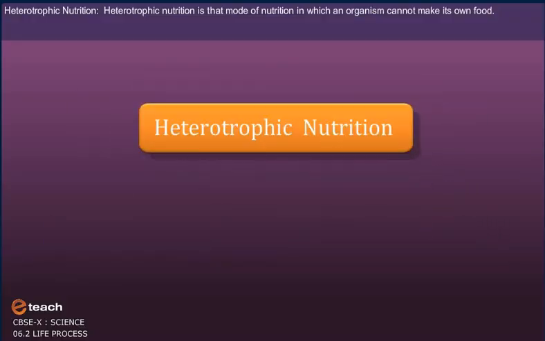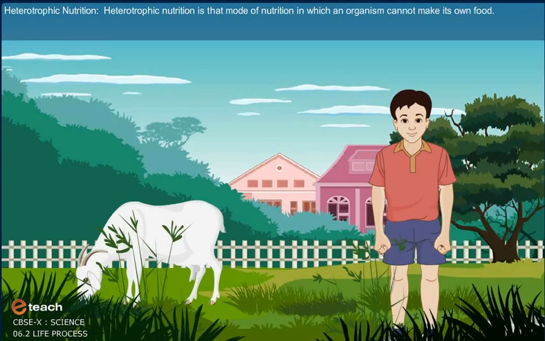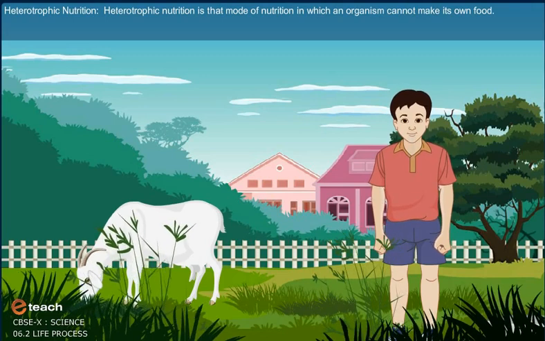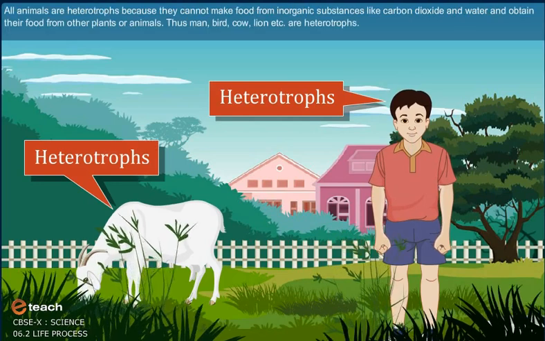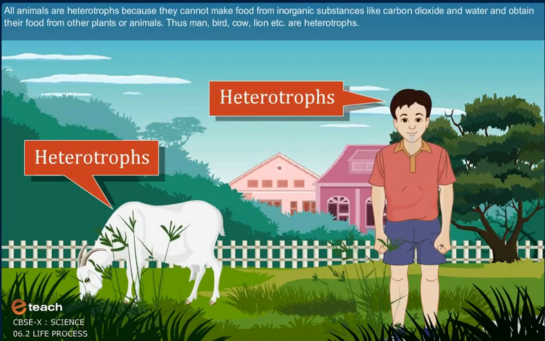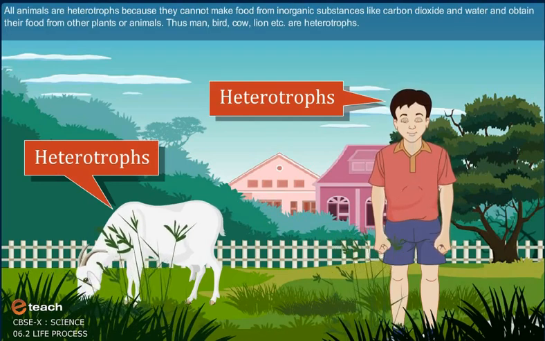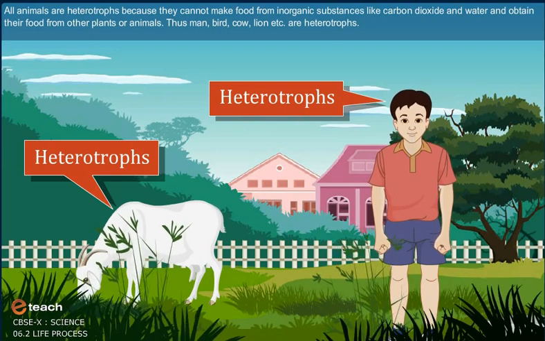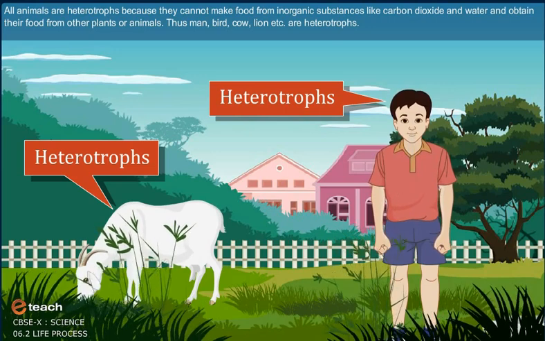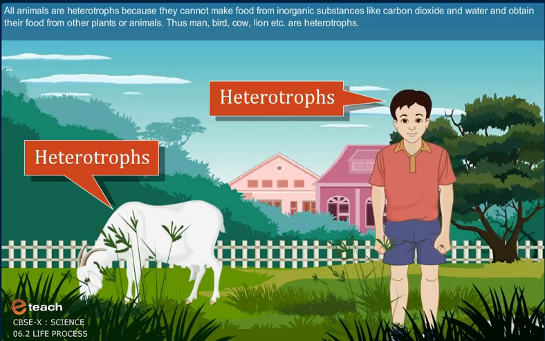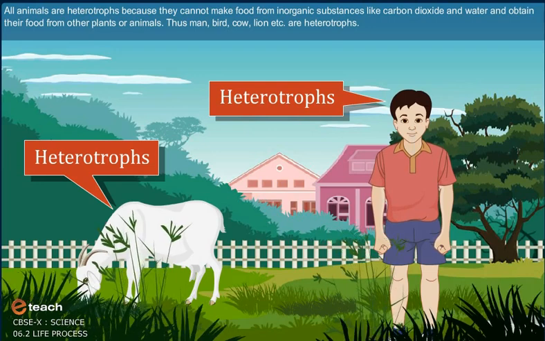Now, heterotrophic nutrition. Heterotrophic nutrition is that mode of nutrition in which an organism cannot make its own food. All animals are heterotrophs because they cannot make food from inorganic substances like carbon dioxide and water and obtain their food from other plants or animals.